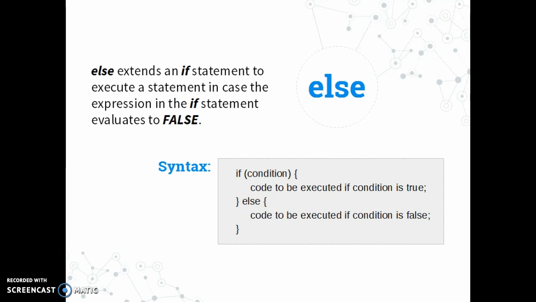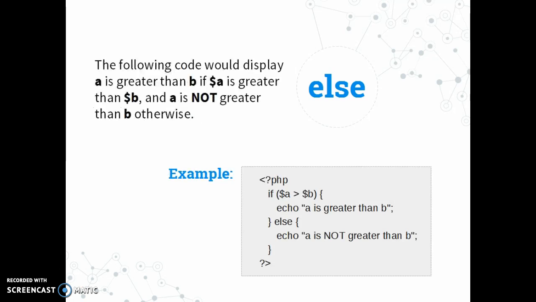The else statement extends an if statement to execute another statement in case the expression in the if statement evaluates to false. And here is the syntax for the else statement. The following code will display "A is greater than B" if $A is greater than $B, and "A is not greater than B" otherwise.